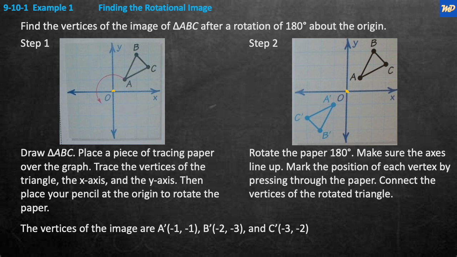Mark the position of each vertex by pressing through the paper. Connect the vertices of the rotated triangle. In other words, make the new triangle. The vertices of the image are A prime (negative 1, negative 1), B prime (negative 2, negative 3), and C prime (negative 3, negative 2). Sorry for saying minus. I should have said negative.